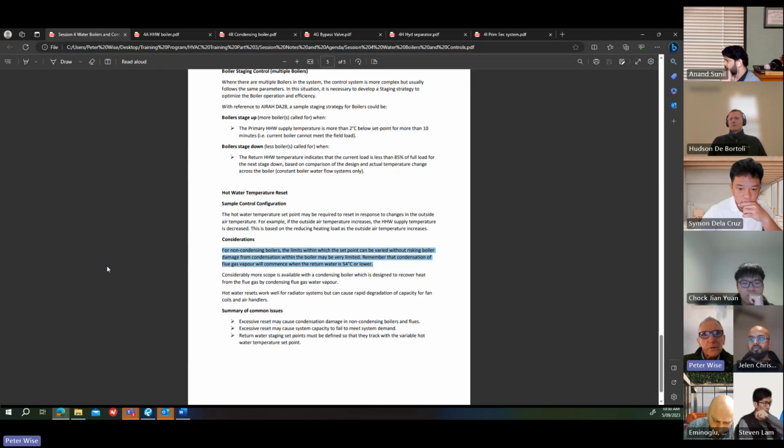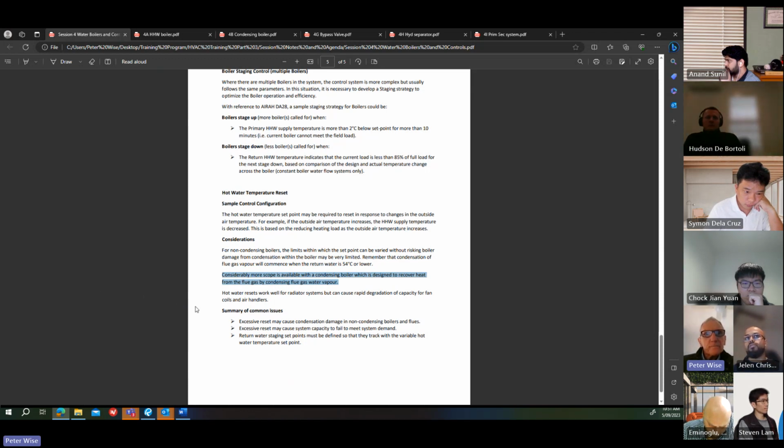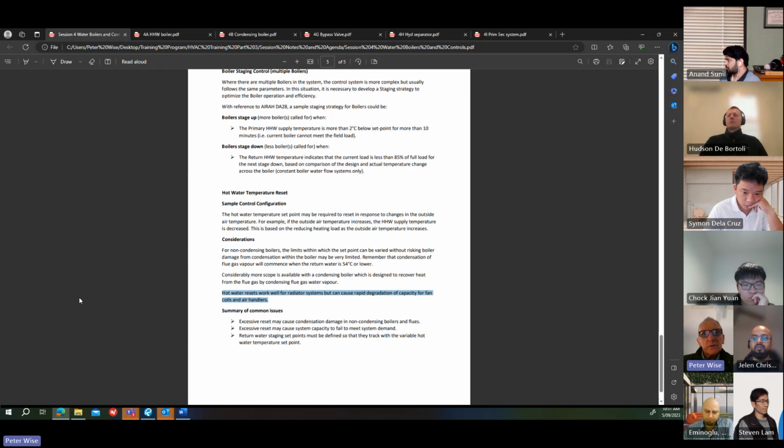And for a non-condensing boiler, that's a bad thing because it's going to cause corrosion in the flue and the boiler itself. It's not designed for that. So it's designed to be above 54 and typically around 60 degrees is the return for a non-condensing boiler. Considerably more scope is available with a condensing boiler, which is designed to recover heat from the flue gas, as we've said, by condensing the vapor. There's a comment here: hot water resets work well for radiator systems, but can cause rapid degradation of capacity for fan coils and air handlers.